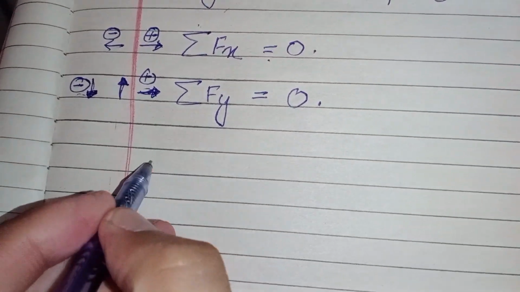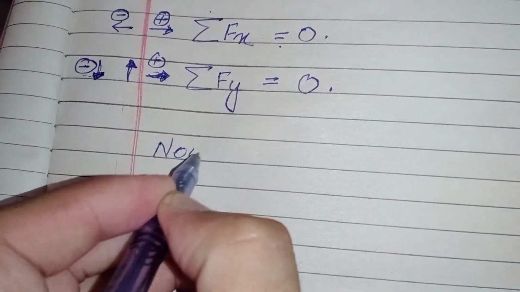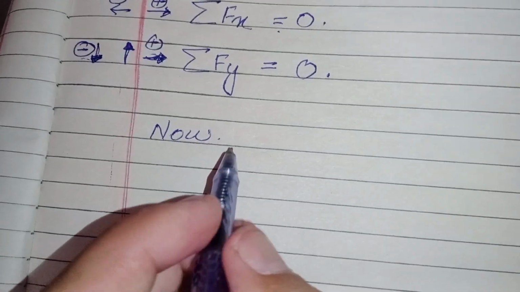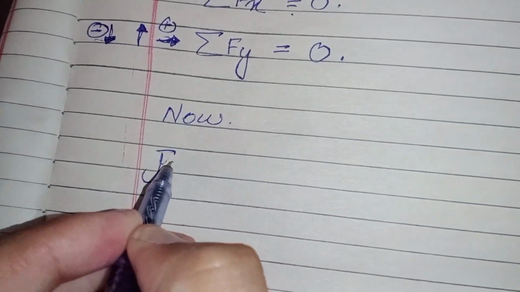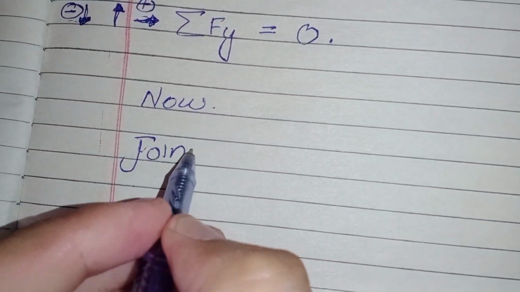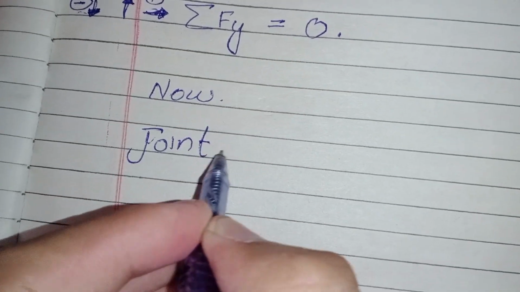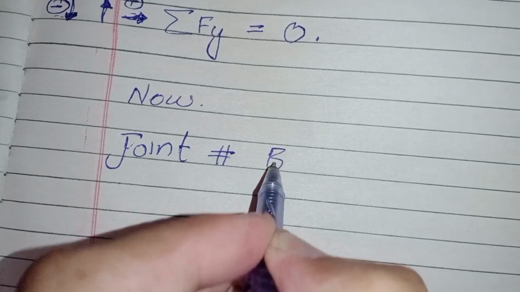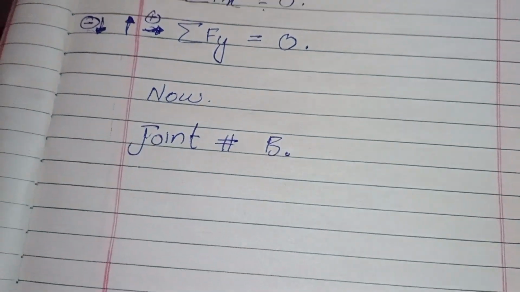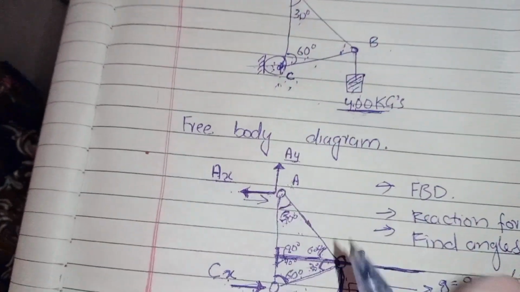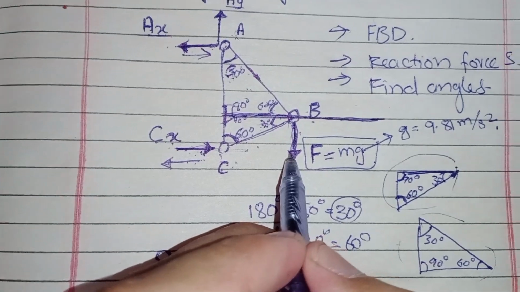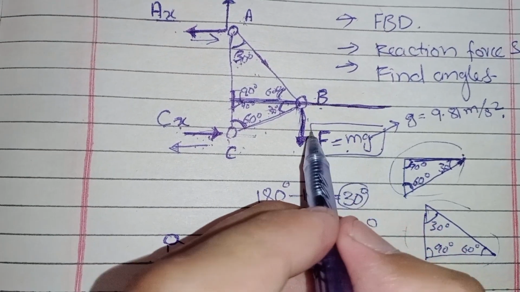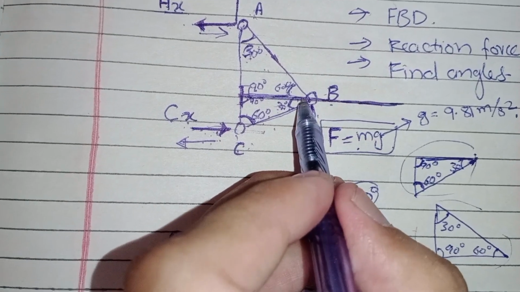now first we will set up the equilibrium equation for joint B. We will take and analyze joint B. Okay, why do we take joint B? Because joint B has the maximum known forces: one known force and two unknown forces.